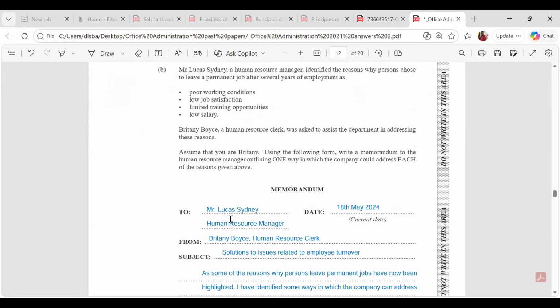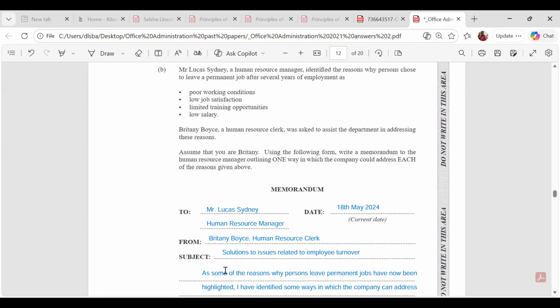So, memorandum, you put the date, you put who it's to, who it's from, and the subject. That is it. There is no salutation. In a letter, you'll have dear sir or dear ma'am.